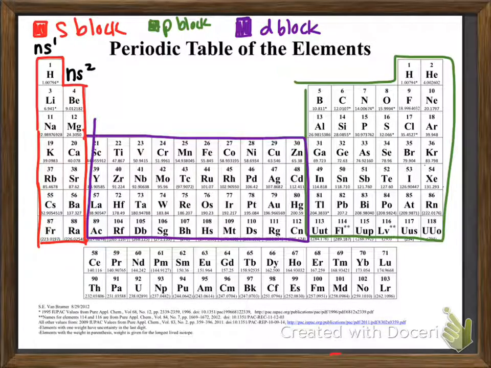It's the S block. Likewise, when we looked at the P block, we found that everything in group 13 was going to end with ns2 np1, ns2 np2, ns2 np3, blah, blah, blah, until we get over to group 18, where we find that everything ends, well, okay, except helium, with ns2 np6. So, hence, it's the P block.